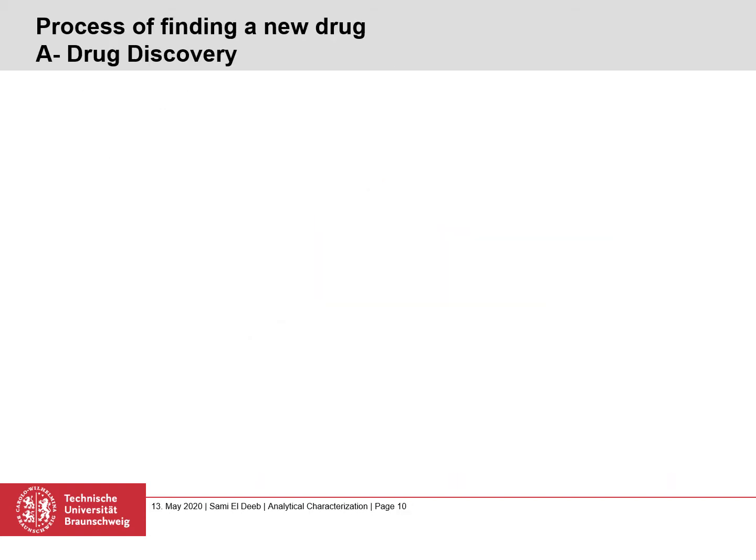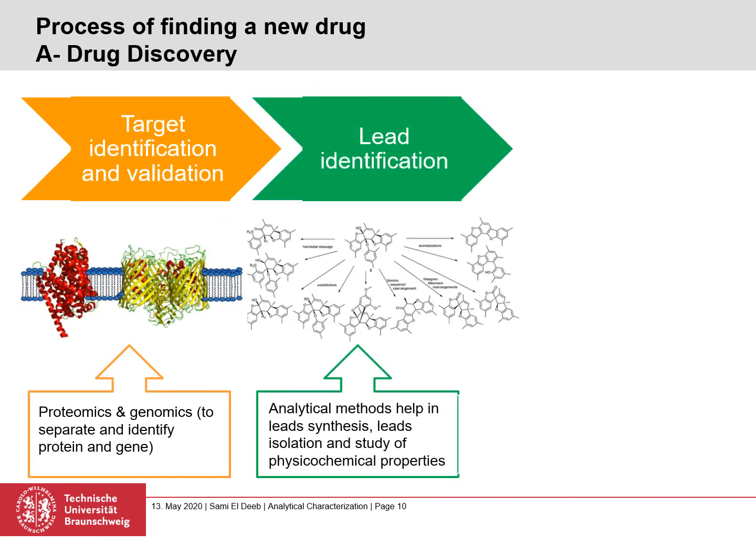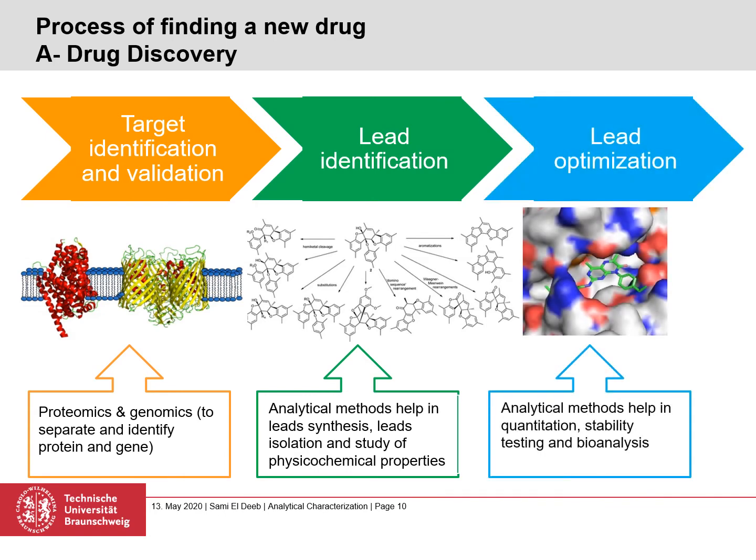The process of finding a new drug includes drug discovery and development. Drug discovery involves 3 stages: target identification and validation, lead identification, and lead optimization. During target identification and validation, we do need analytical methods to study proteins, that is to say, to do proteomics, and to study genes, that's to say, to do genomics.